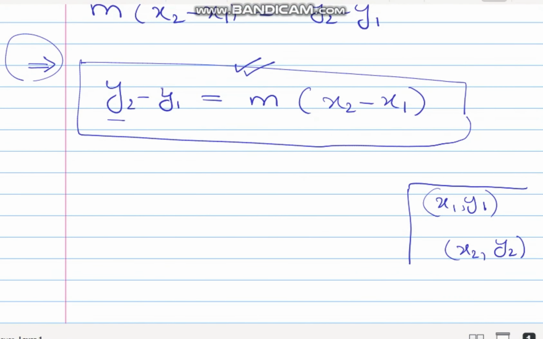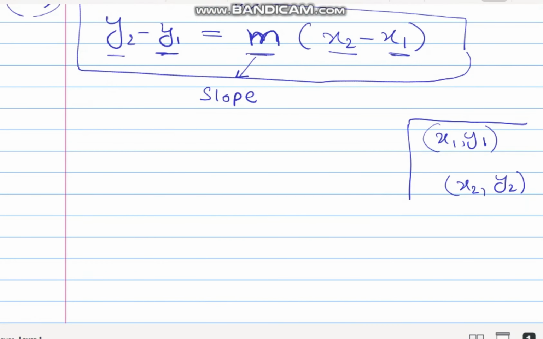Now in this equation, y2 and x2 are here, y1 and x1 are here. So the points are here, and what is this? This is called the slope. M is always called slope. So the special name is the point slope form.